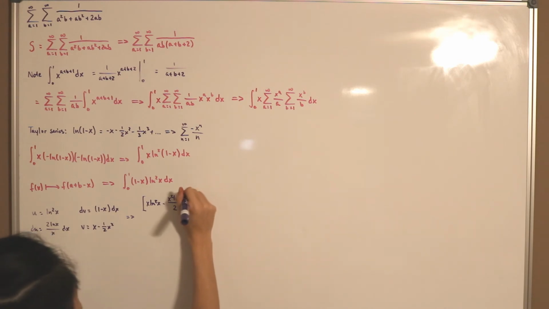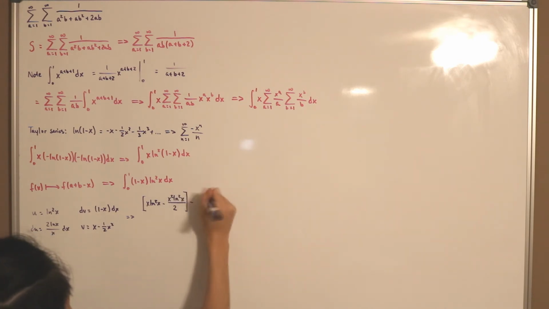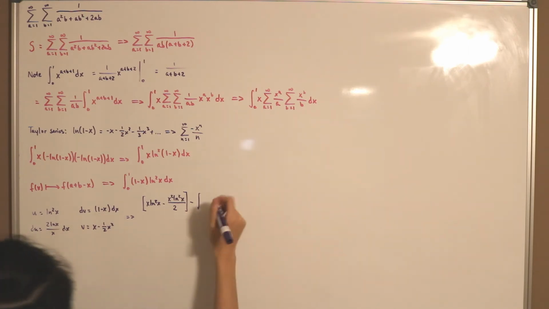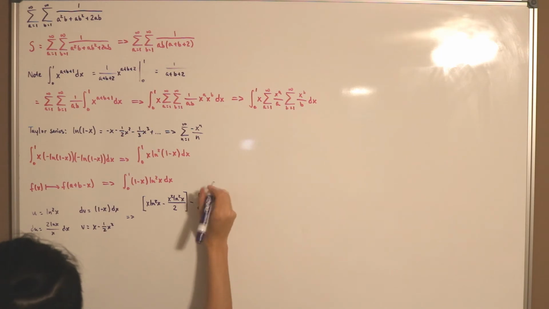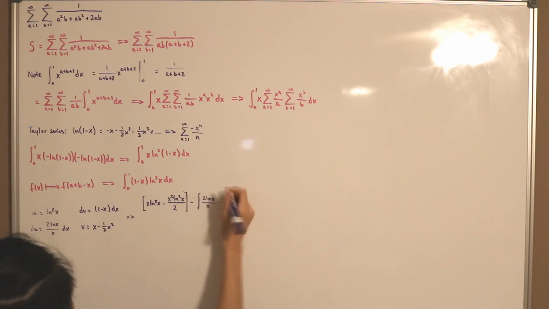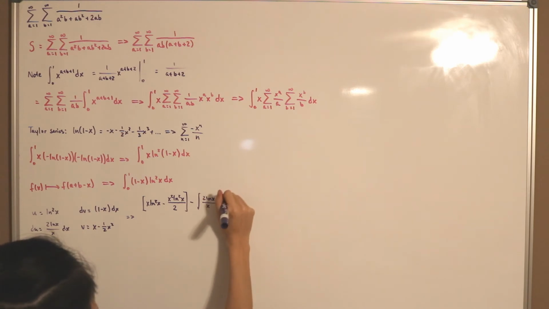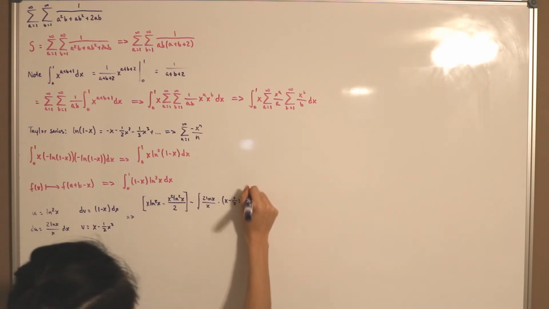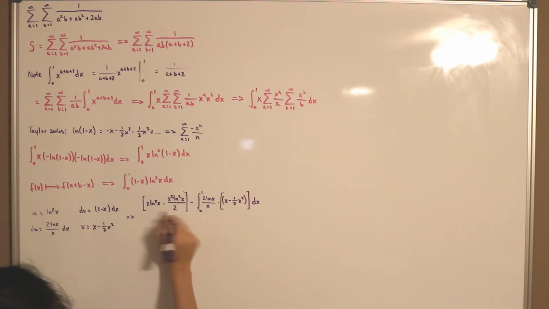Yes, okay. And then minus the integral of, so this is 2 ln of x divided by x multiplied by x minus 1/2 x squared. So let's actually evaluate this piece from 0 to 1, okay?